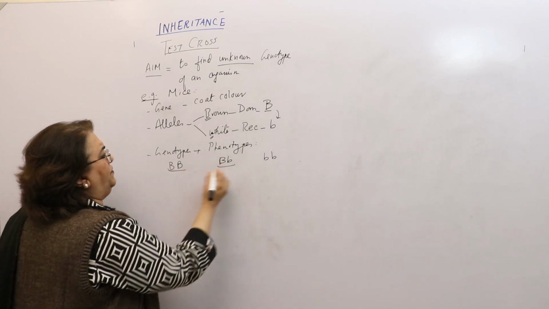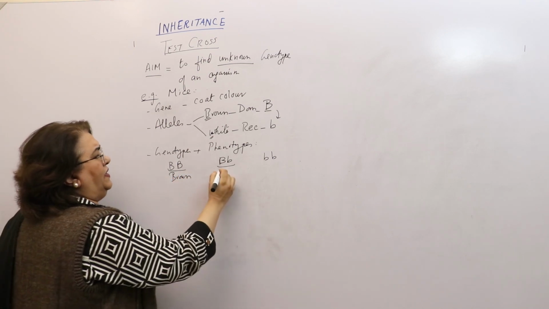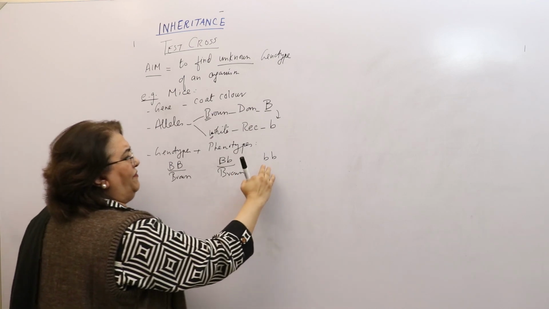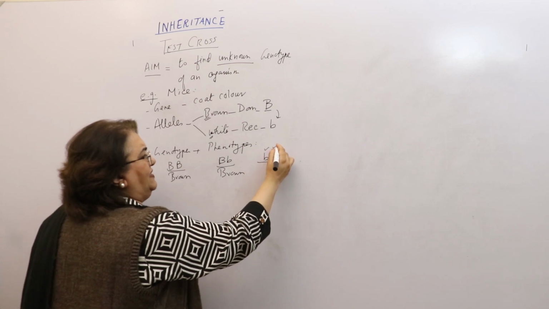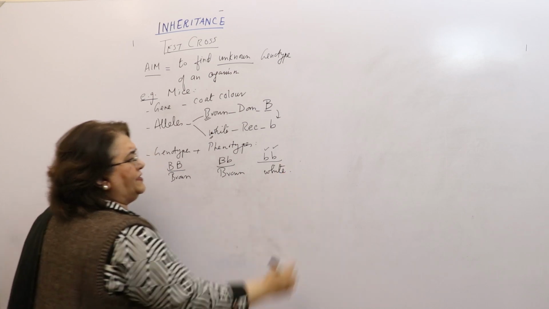Capital B capital B will present as a brown coat color, and capital B small b will also present as brown, whereas small b small b, we are 100% sure, because this is white and this is white, will only present as white.